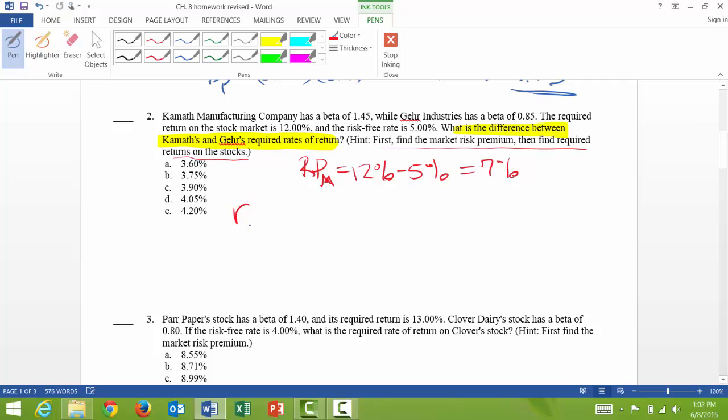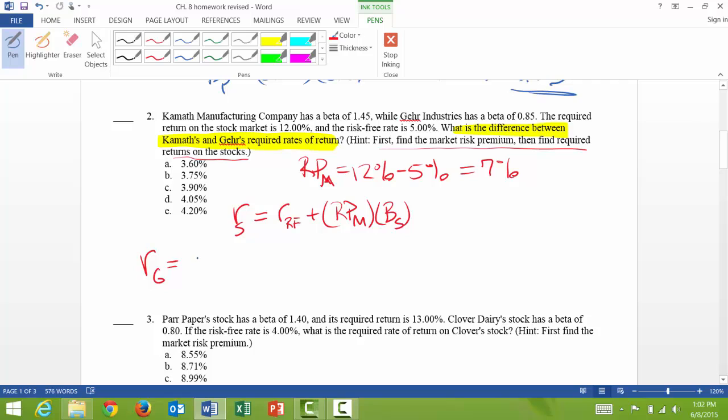And so then we could use the required rate of return equation, RRF plus the market risk premium times the beta. Let's say this is stock S, so we need the beta for stock S. For the first one, for Gare, I'll put RG.